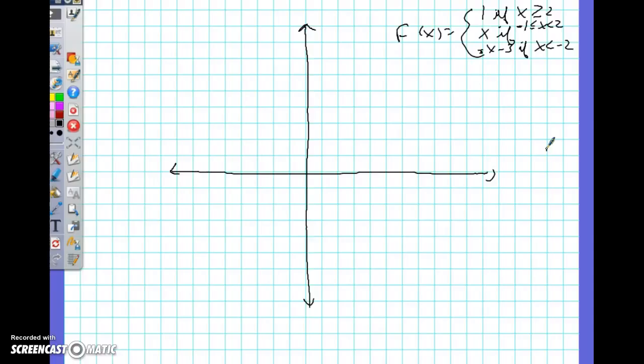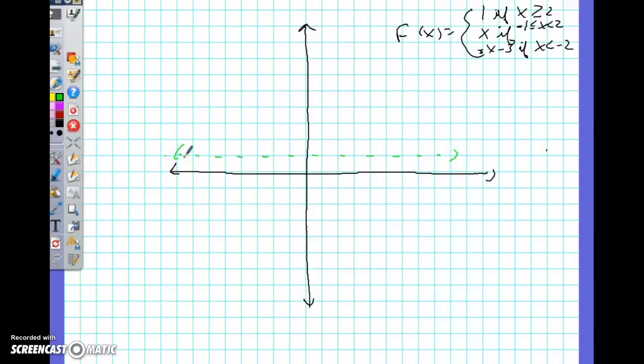Alright, x is greater than or equal to 2. So I'm going to graph y equals 1. Y equals 1 looks something like this. Where am I going to put that in play, Keegan?